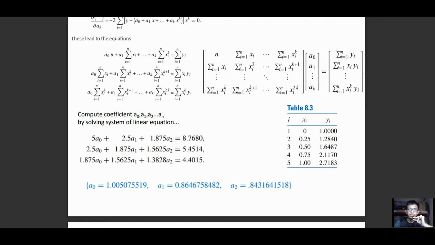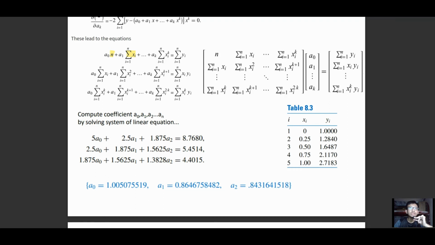And similarly, this 2.5 here originates from the summation of the terms. So 0 plus 0.25, 0.50, 0.75 plus 1 will give this value. And you need to calculate the sum. Here the sum, this one, and for ak we take 2.